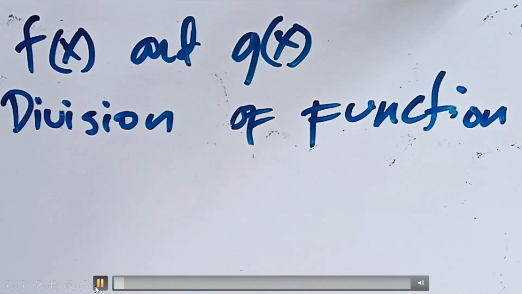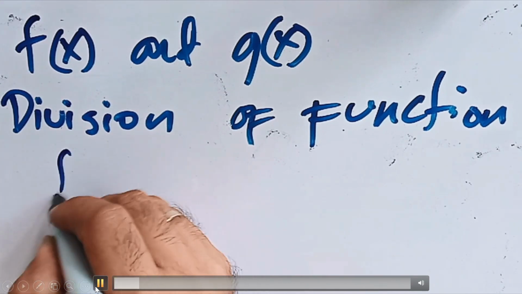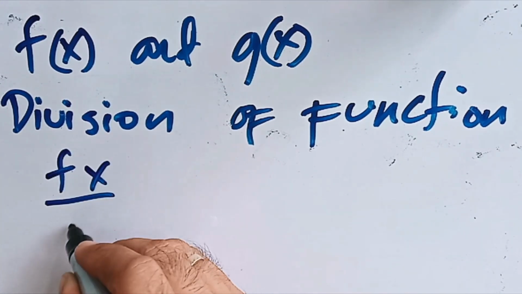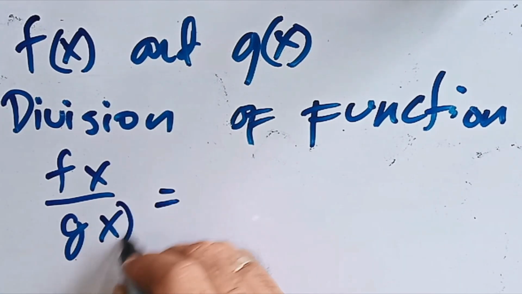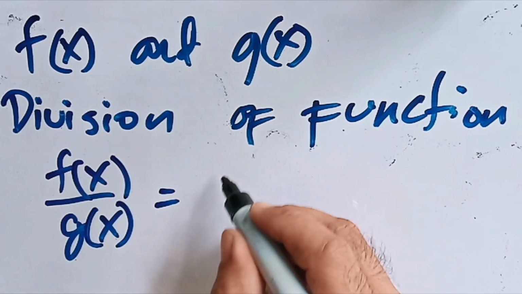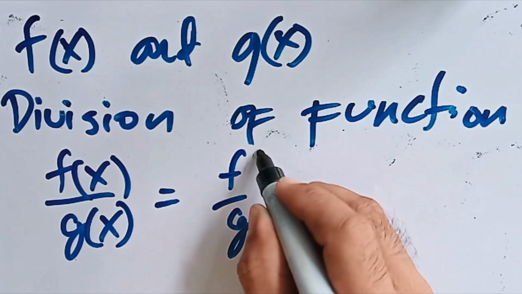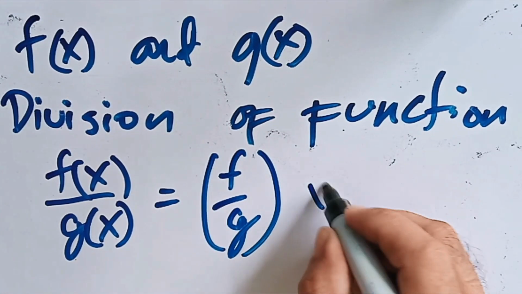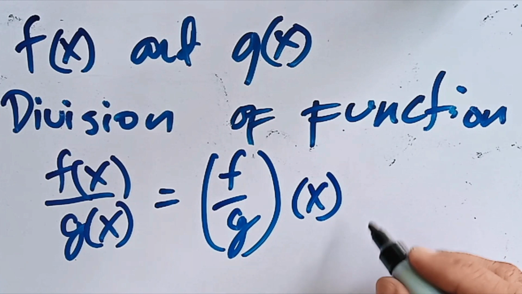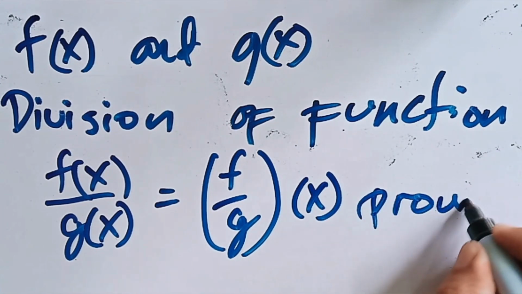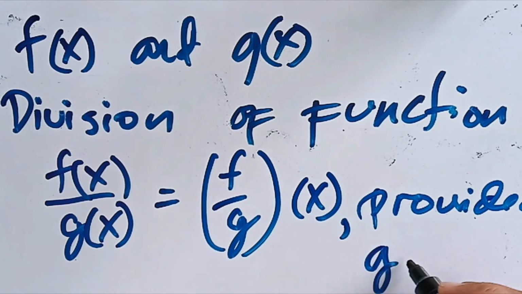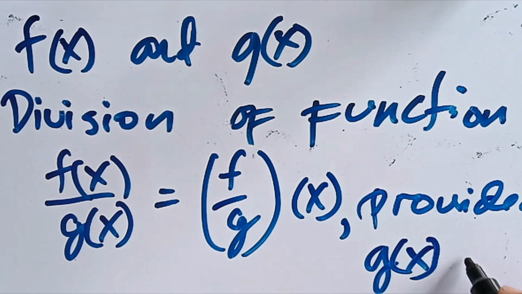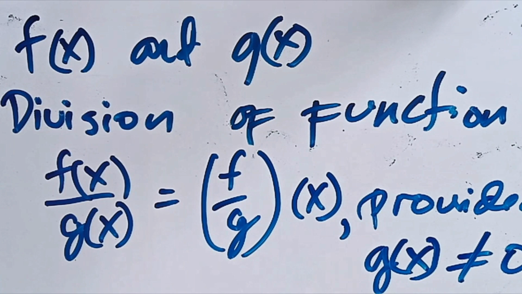In the division of functions, we divide f of x over g of x, or you can write it this way, f divided by g of x, provided that g of x must not be equal to 0. So please take note of that.